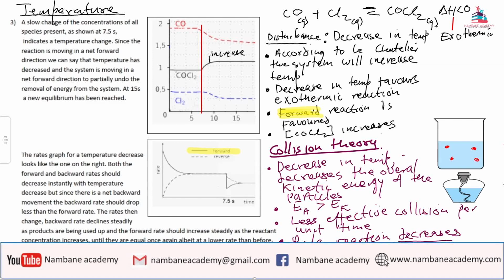Forward reaction is favored, but the rate of reaction must decrease. Why? Because there was a decrease in temperature. That is the reason why both of them will decrease, true, but now the forward reaction will decrease more only because it's the reaction that is being favored.